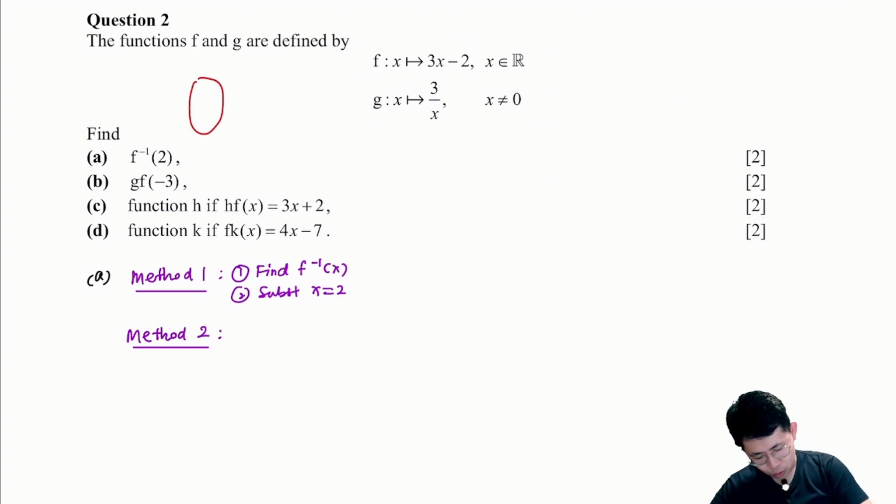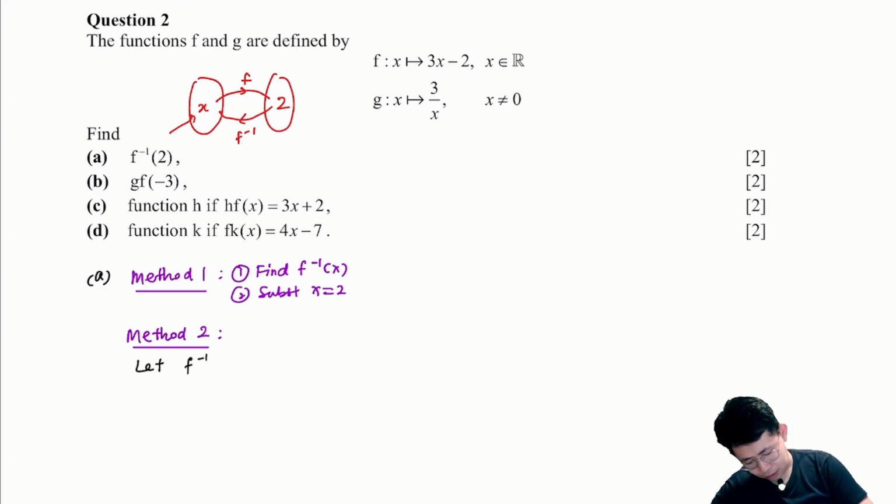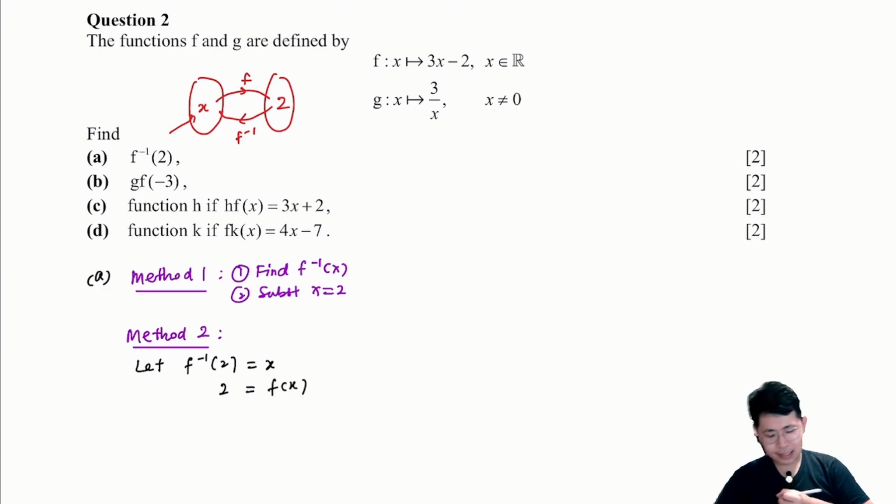Currently we have the function f that brings an object to 2. When we take f inverse here, we are trying to look for the unknown x. So I'm going to let f inverse of 2 equal x. Then I take f on both sides, putting f in front. f and f inverse will cancel, so 2 will equal fx.